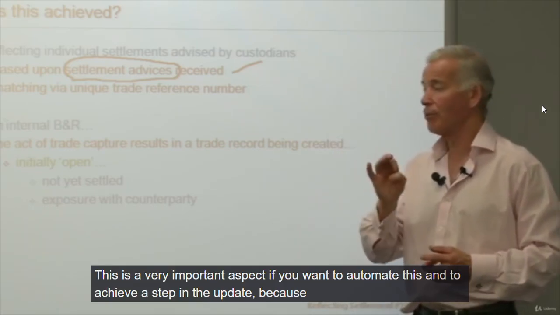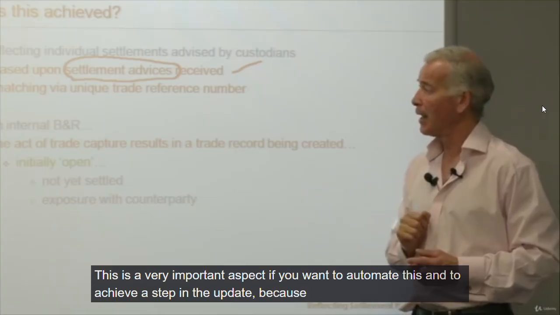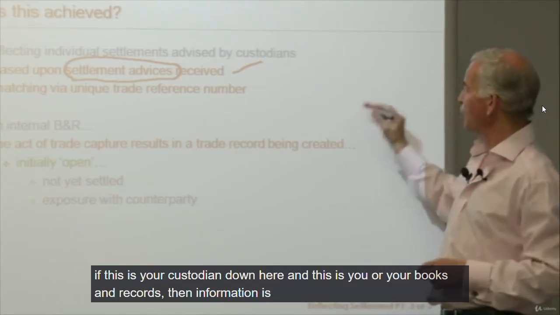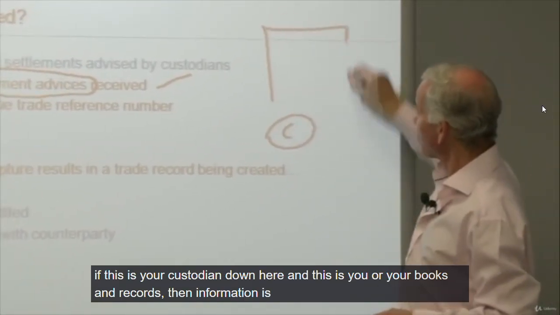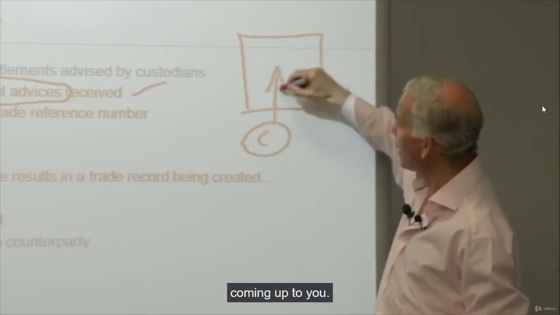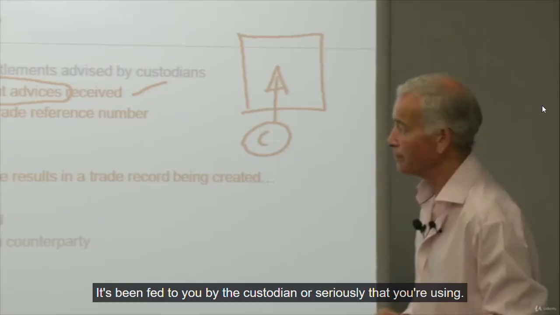This is a very important aspect if you want to automate this and to achieve STP in the update, because if this is your custodian down here and this is you or your books and records, then information is coming up to you. It's being fed to you by the custodian or CSD that you're using.